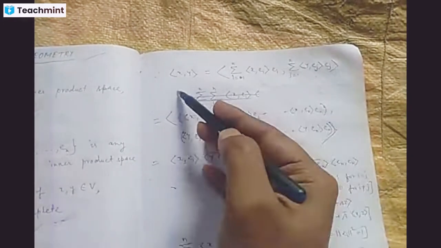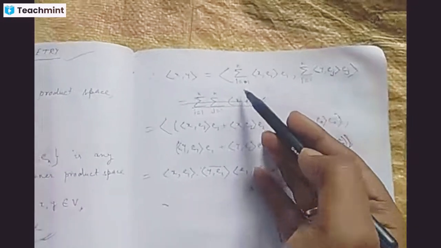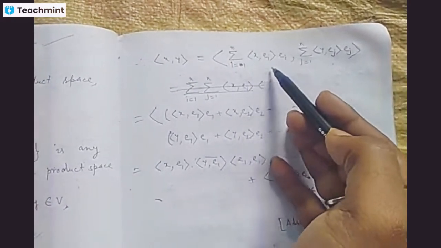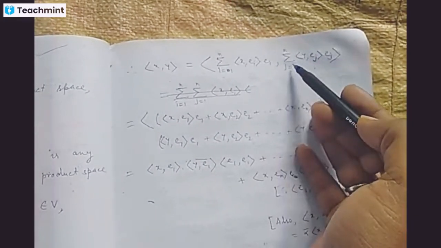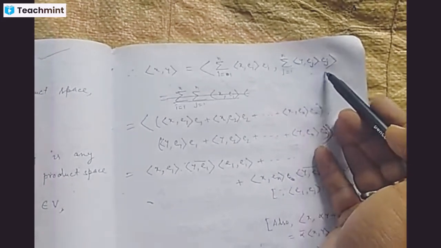Now y can be written in the same way as x: the summation over i equal to 1 to n of the inner product of x and ei times ei, and in the same way y can be written as the summation over j equal to 1 to n of the inner product of y and ej times ej.